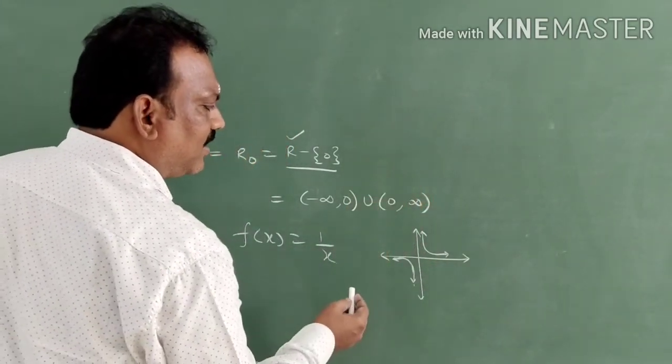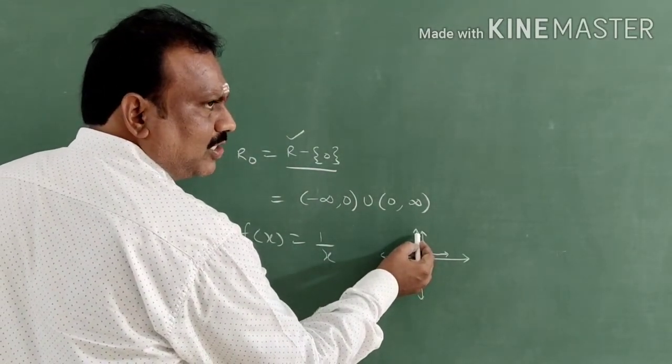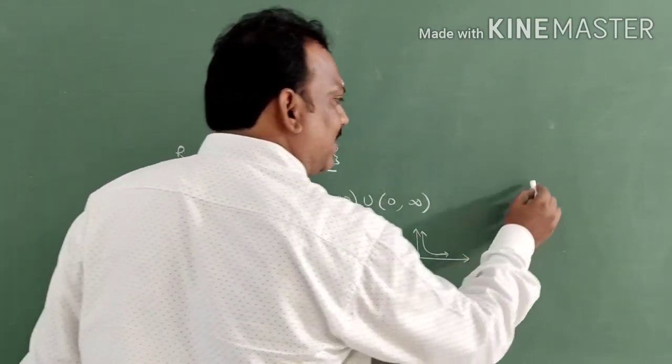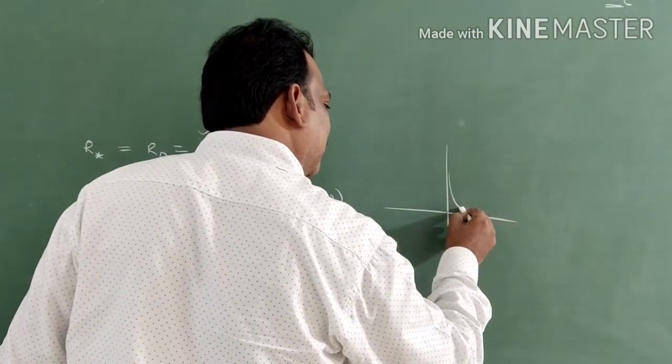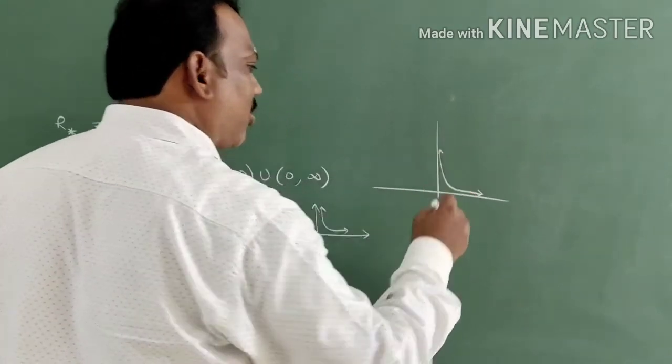Here you can see that this line is looking like it merges with the positive y-axis, and this line is looking like it merges with the positive x-axis. Actually you are getting the graph like this. It is looking like it merges, but it won't merge.